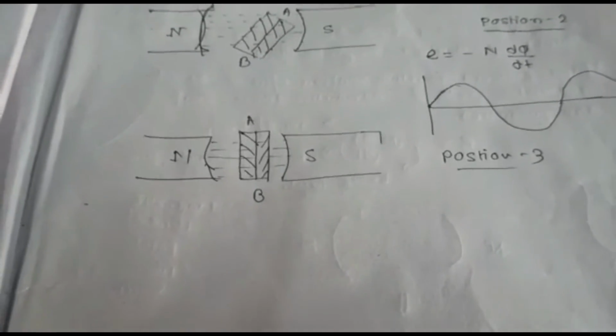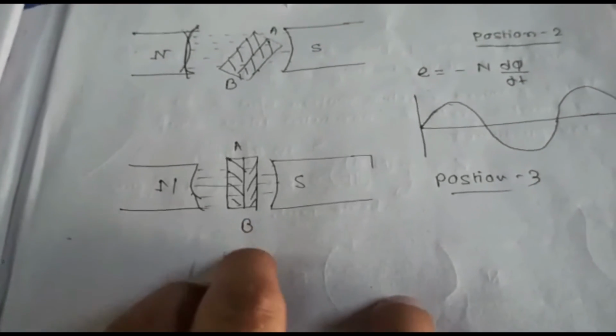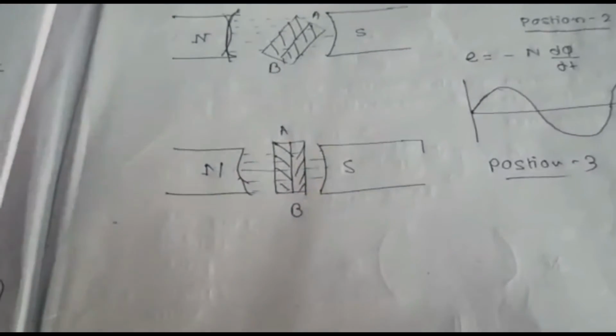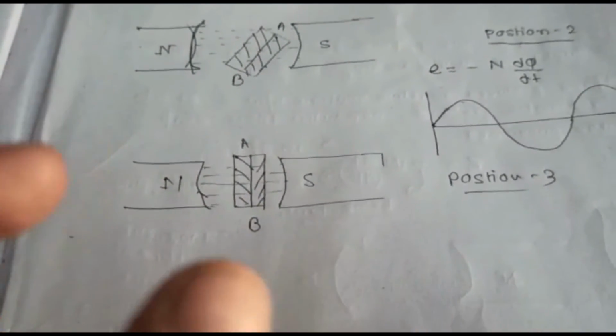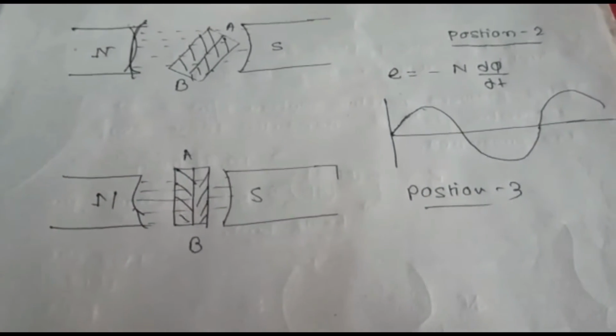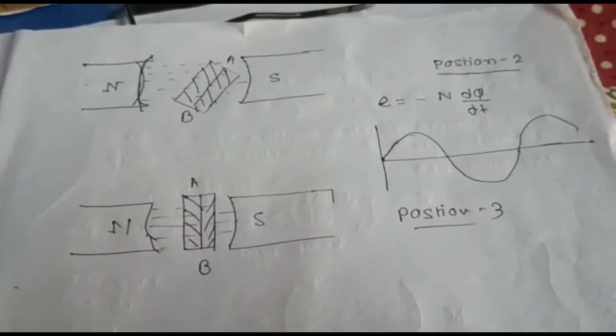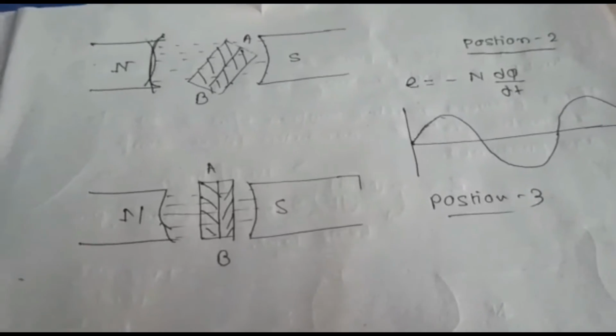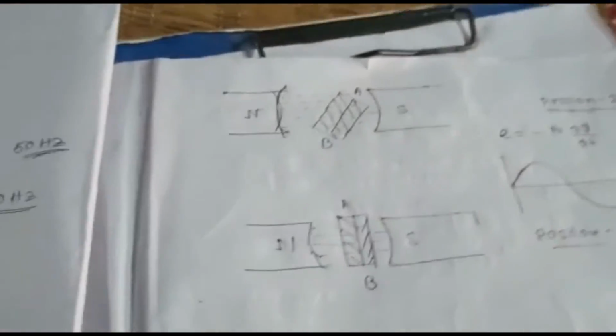Now another position, position 3, where the conductor is perpendicular to the previous position. In this position, the maximum amount of flux is linked with the conductor. So maximum flux, maximum EMF is induced.